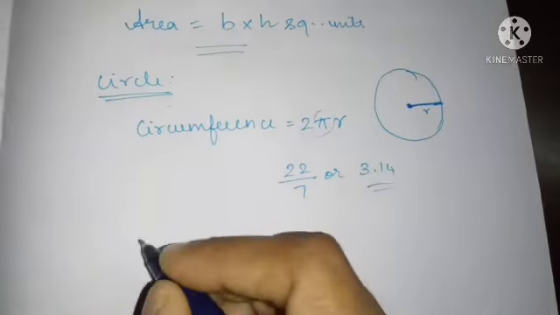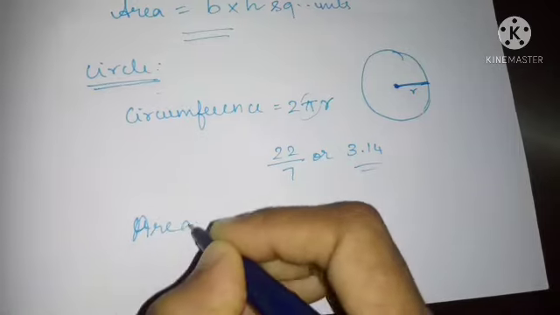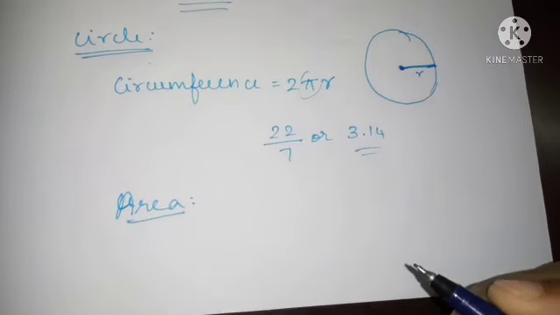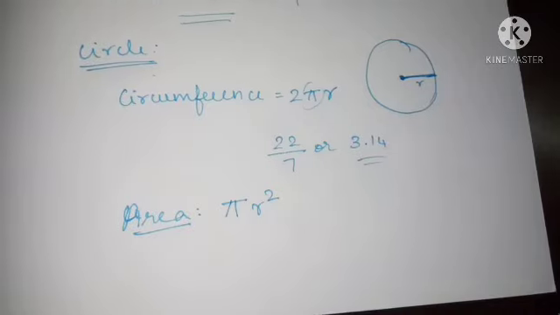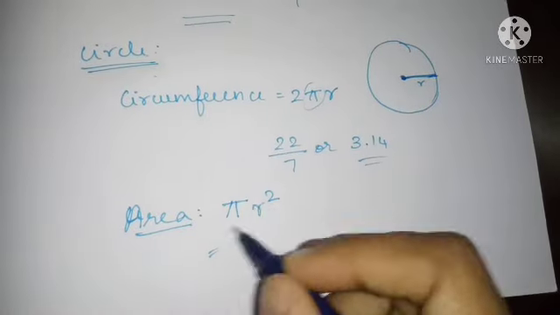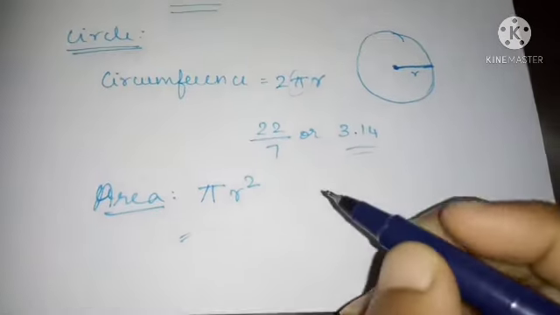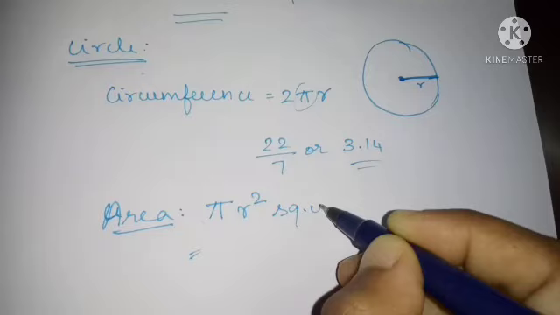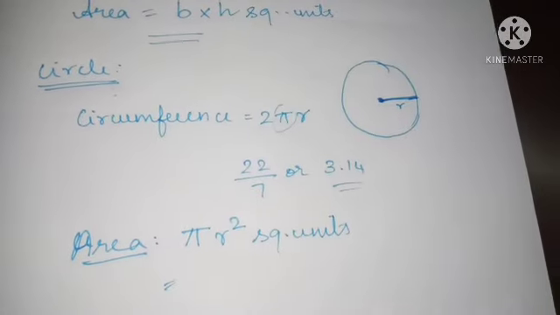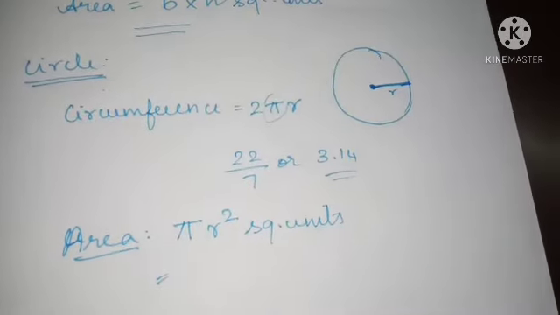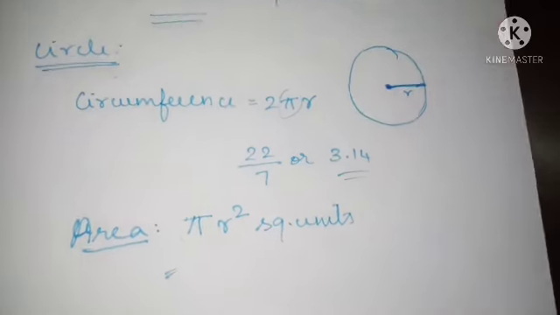Next, area of the circle. For that also, pi r square. Pi value you know, r square. So area of the circle is pi r square. So pi is very important. How will you find the circumference of a circle?